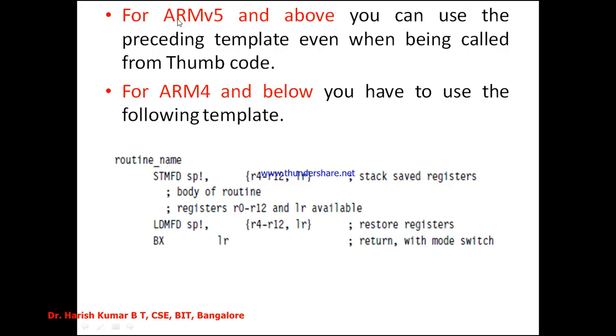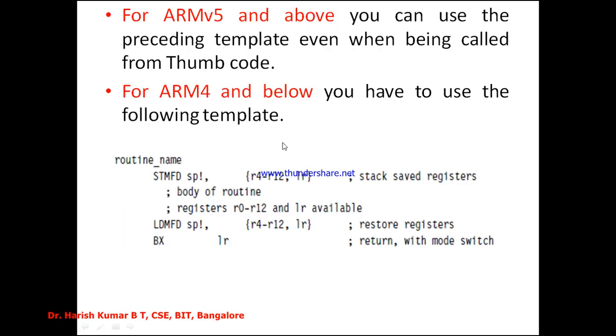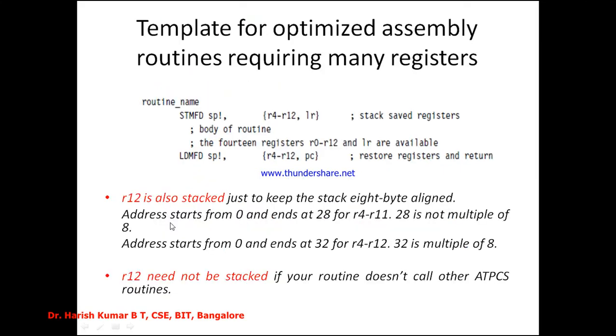Next, for ARM5 and above, you can use the preceding template even when being called from the thumb code. So the same template can be used for all the processors which are ARM5 and above. For ARM4 and below, you have to use the following template, because ARM4 and below do not support this.